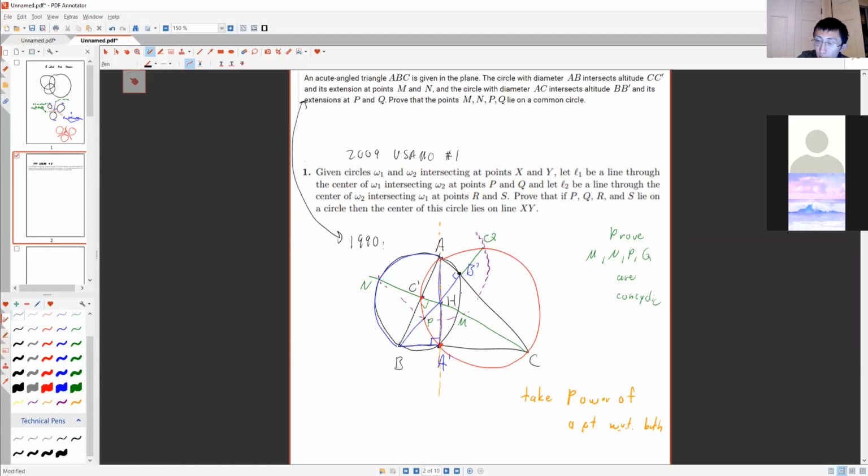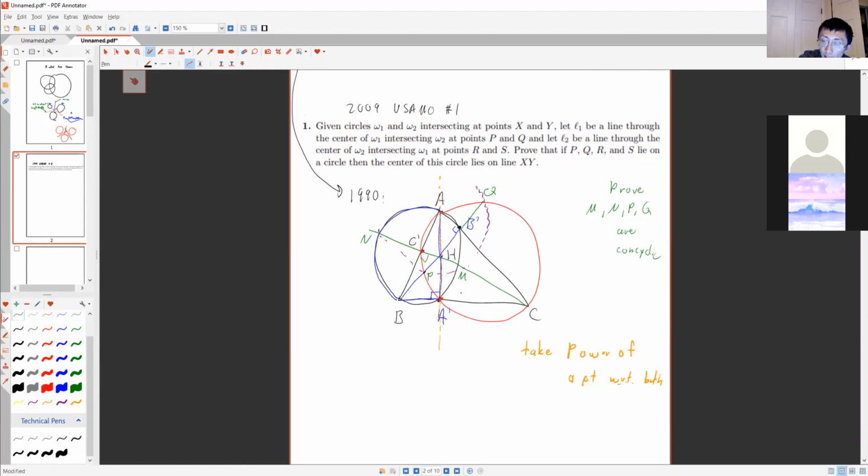So, on the one hand, let's just do the common chord, right? So HA times HA prime. Give me an expression that this equals. What is HA times AH prime, these 2 points with respect to the orthocenter?